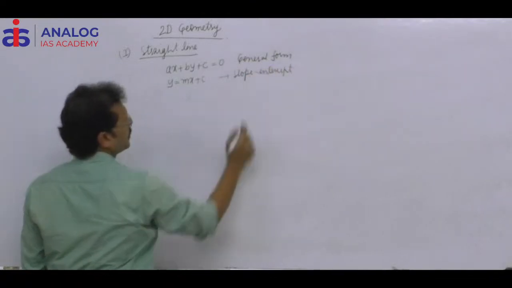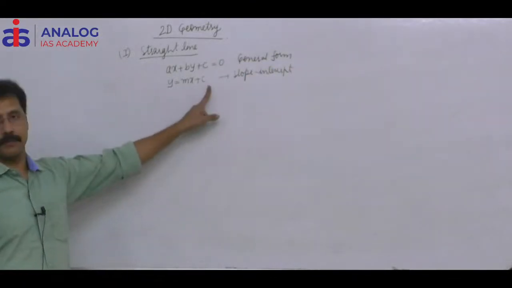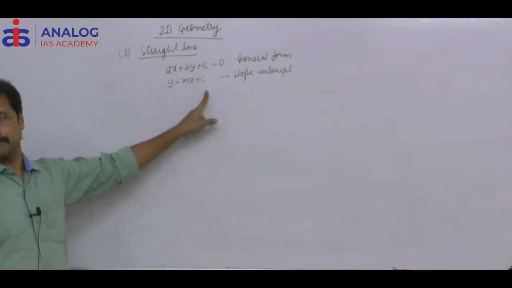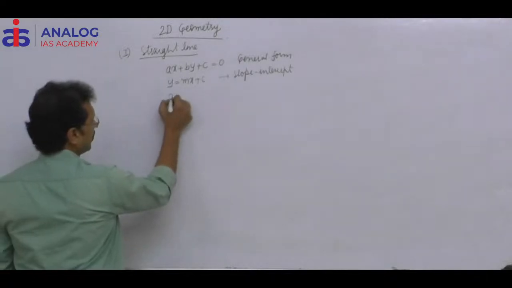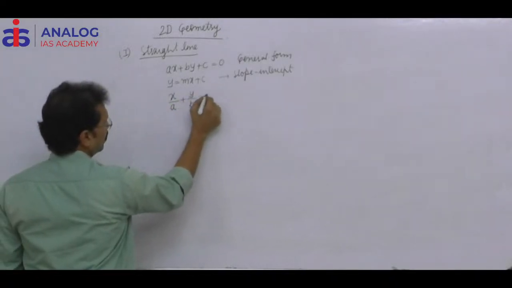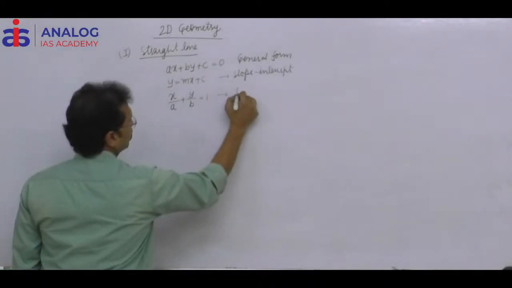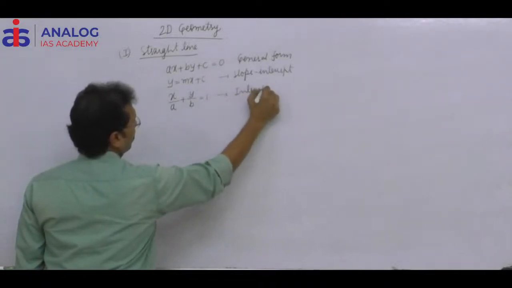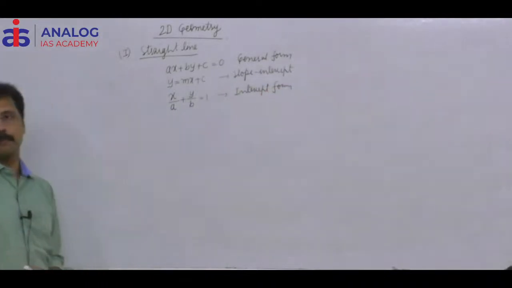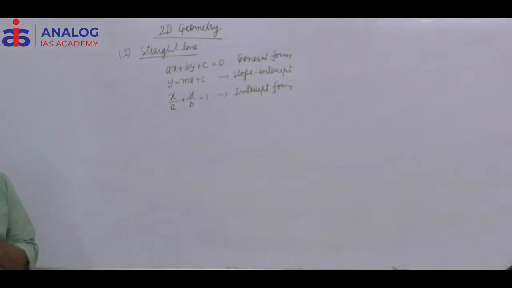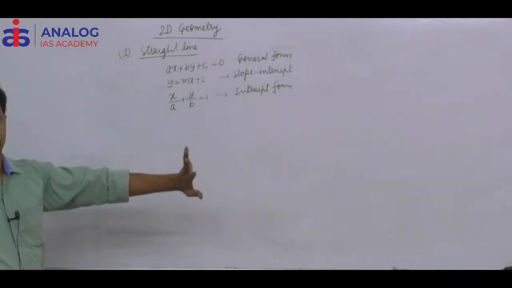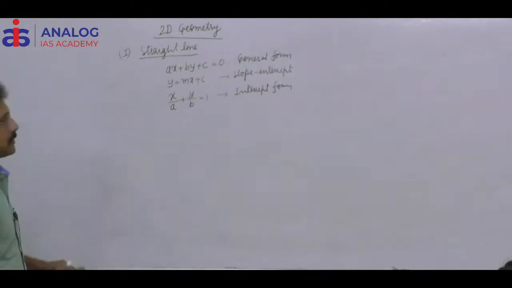Slope is m, y intercept is c. And then x by a plus y by b equal to 1 is intercept form, where a is x intercept, b is y intercept. That's it. You don't need to know much beyond that. Rest of the things we will work out.